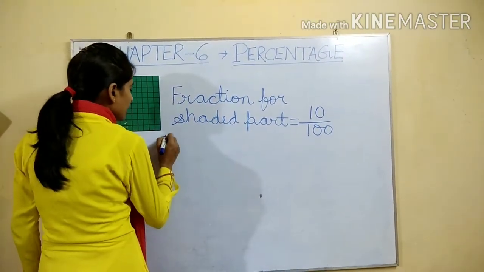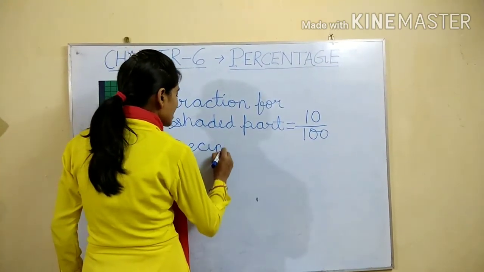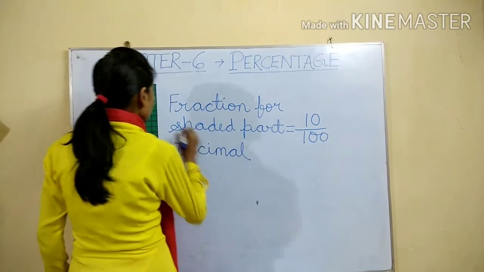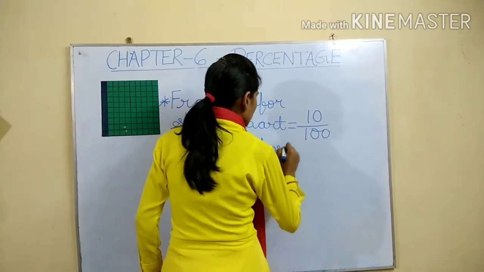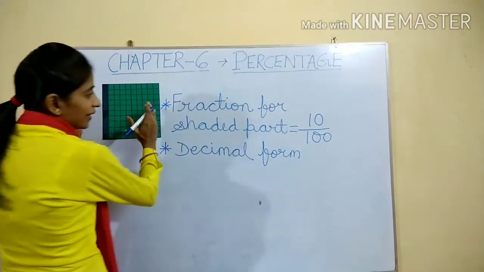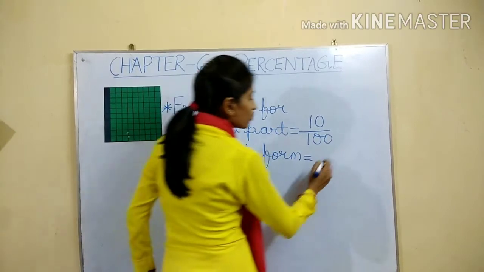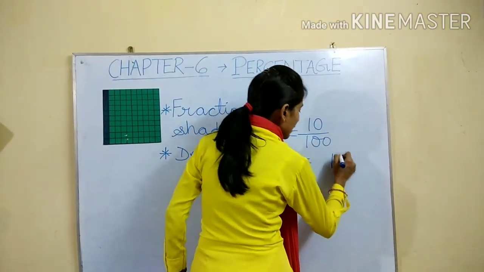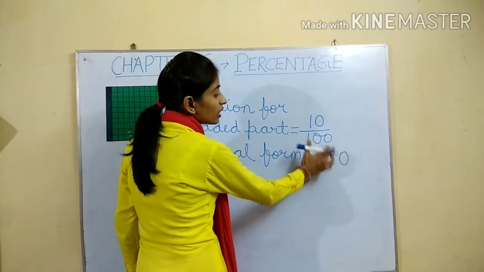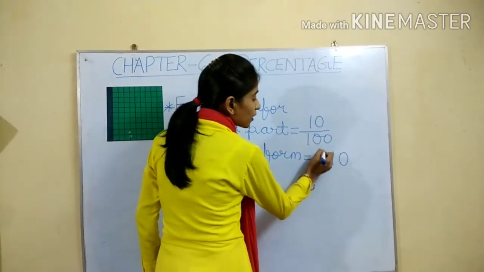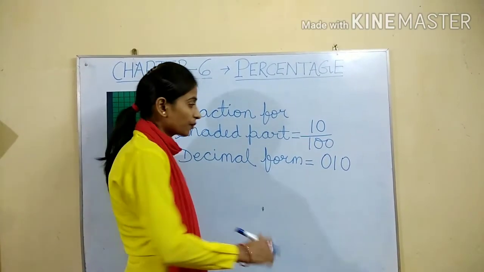Now the same thing we will represent in decimal form. What will be its decimal form? For 10 by 100, look here. What is there in the numerator? 10. And in denominator, how many digits are there? 1, 2, 3. So first we will make numerator also a 3-digit number by putting 0 before 10.